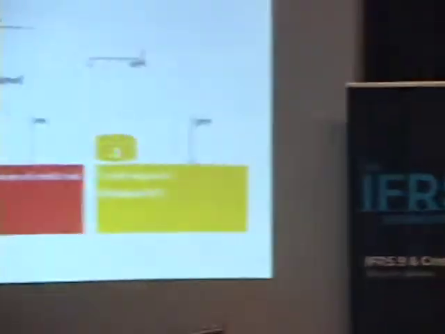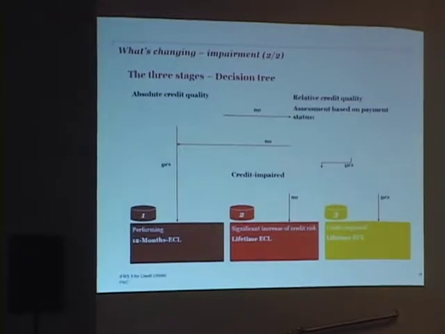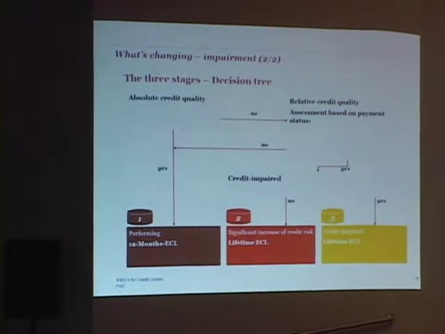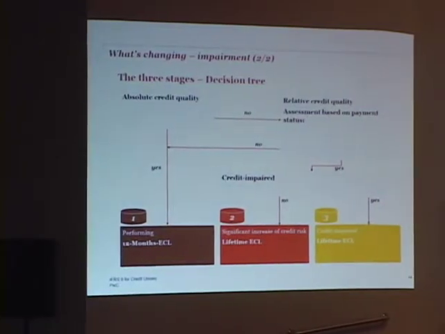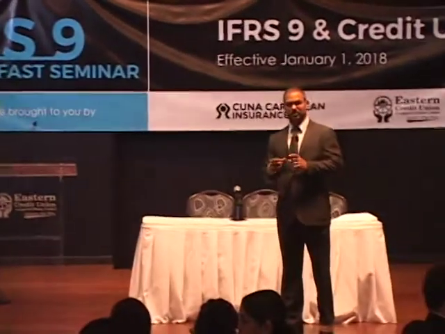So IFRS 9 introduces 3 stages in the impairment discussion. Again, I'll start at the end. The 3rd stage is where the loan is impaired. That is no different under IFRS 9 than it was under IS 39. IS 39 introduced a 90-day threshold as the trigger for impairment.